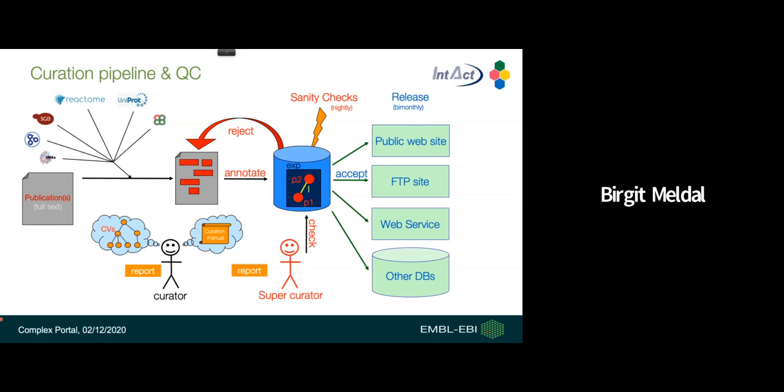Once the 2 curators have agreed that the entry is complete, it gets accepted, and with our bi-monthly releases, the complex will be available on the website, the FTP site, through the web services, and a number of other databases that take our data and provide it. The whole curation strategy is based on IntAct, and the backend, the file system, the release process is all synchronized with IntAct, so the data comes out at the same time.